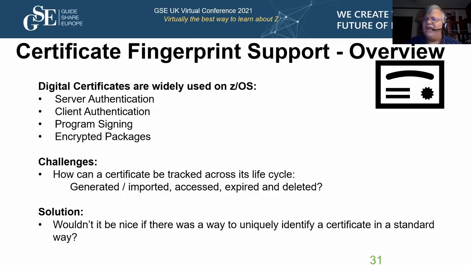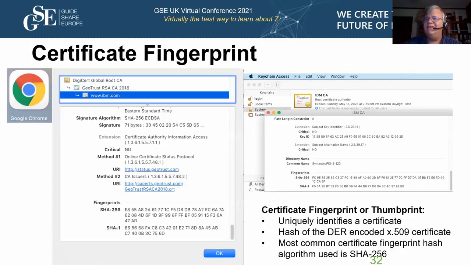But there's another way that folks have been using to describe or identify a certificate. For example, in various places you can actually see this certificate fingerprint value. If you were to go into your browser, let's say it's Chrome, and go into the part of your browser where you can start looking at certificates, you'll get information about the certificates you have defined. And they almost all have this fingerprint section, which will show you a hexadecimal string that identifies that certificate.